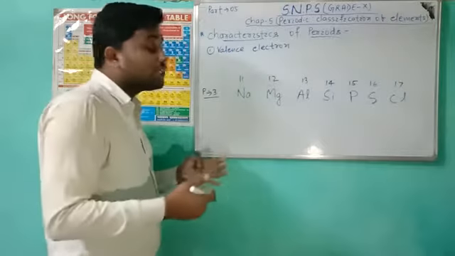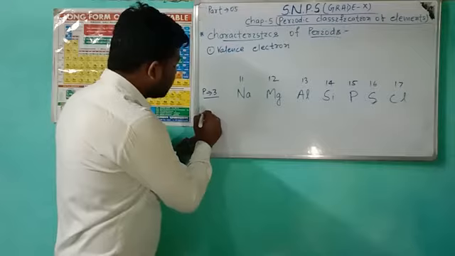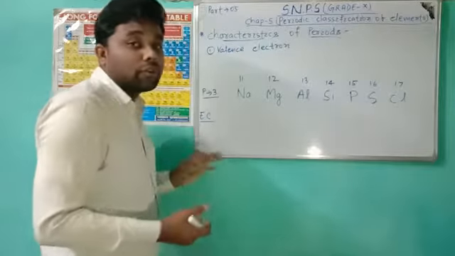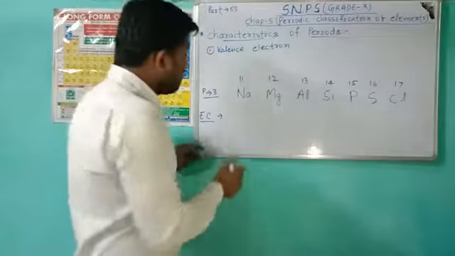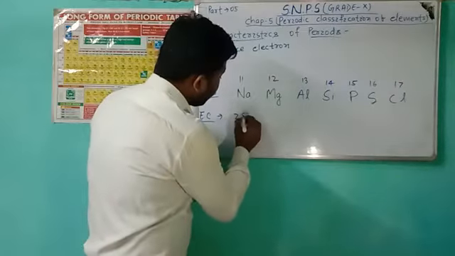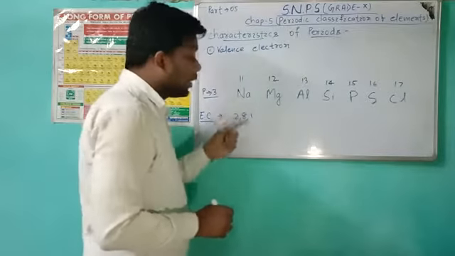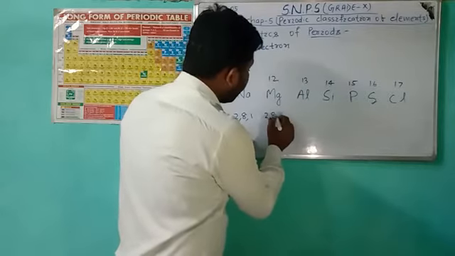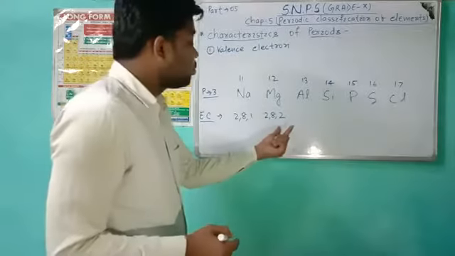If we configure the electrons of these elements, this is the electronic configuration, EC. The electronic configuration of sodium is 2, 8, 1. This is 11. After that, the electronic configuration of magnesium is 2, 8, 2. 8 plus 2, 10, and plus 2, 12.